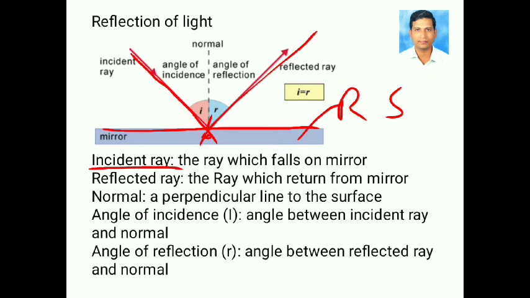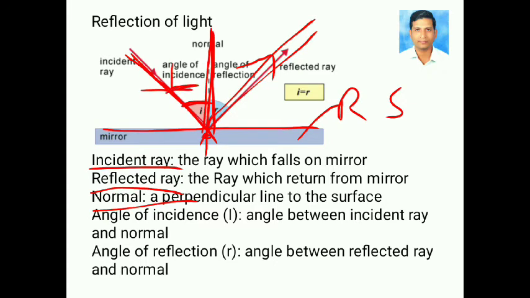Incident ray: the ray which falls on the mirror is called incident ray. Reflected ray: the ray which returns from the mirror is called reflected ray. And here this is a normal. Normal is a perpendicular line to the surface. Angle I represents angle of incidence, that is the angle between incident ray and normal.